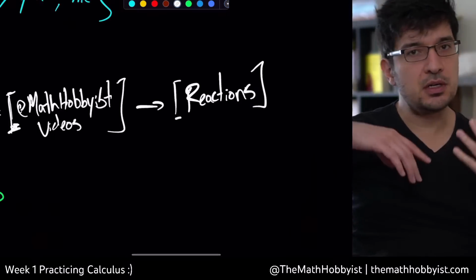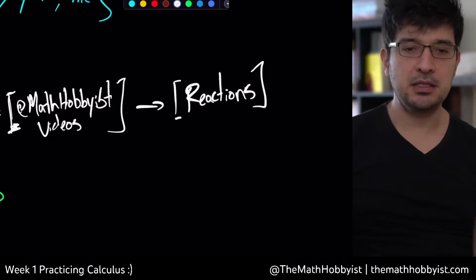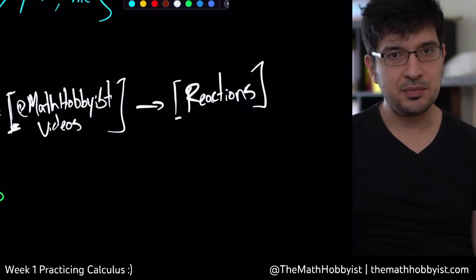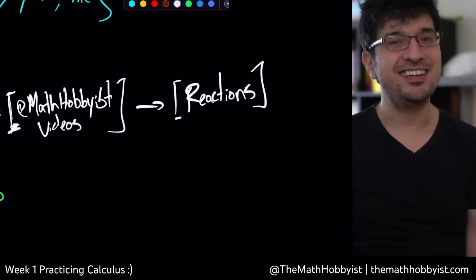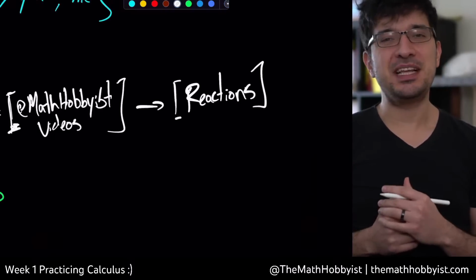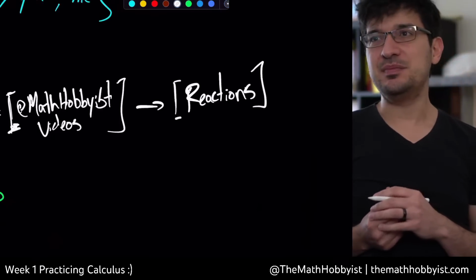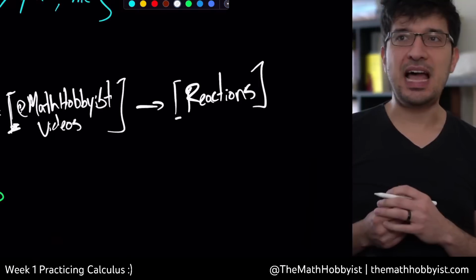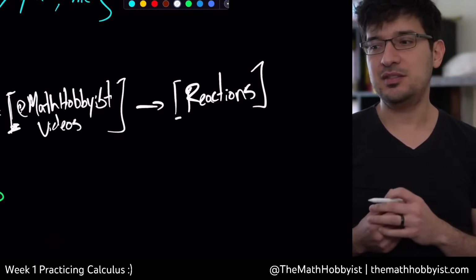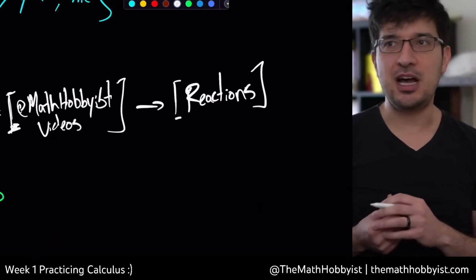And of course there are more reactions. You can comment, you can like and subscribe and comment, you can share, you can comment something nice, or you could comment something mean. You could join the live stream, you could chat in the live stream or not chat in the live stream.